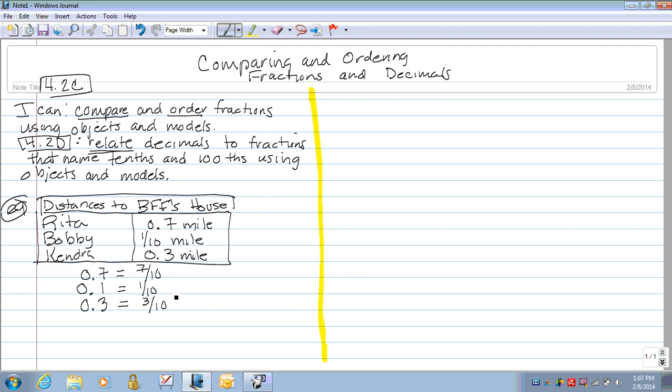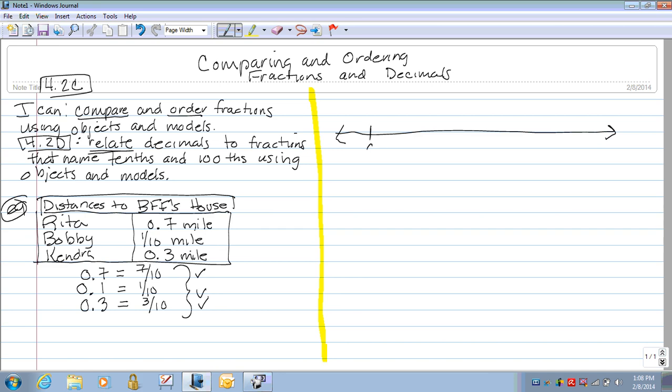When we draw our number line, we need to decide how many parts we should make that number line. Well, we are going to make them by 10 because all of these are in tenths. So we are going to draw our number line.